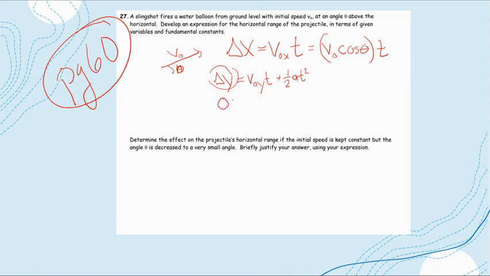So 0 is equal to V initial y, which is V initial sine theta, t, plus 1/2 times negative 9.8, it's negative because I've set my positive as up, t squared. And I actually forgot a t here.